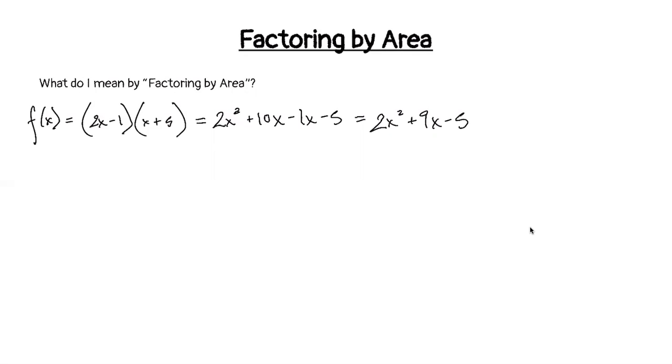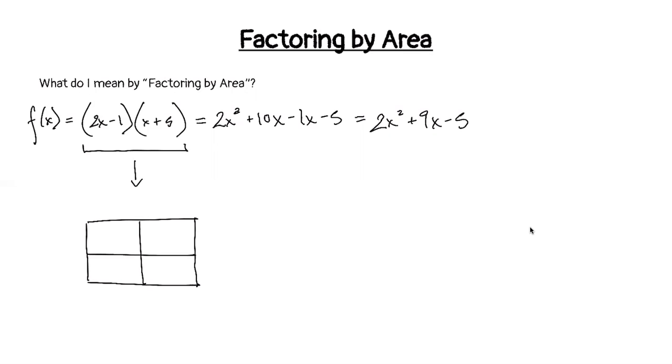Now, there's actually another way that we can think about factoring, and that is what I'm calling factoring by area. Sometimes when we're learning how to FOIL, we tend to make a lot of sign mistakes. One of the ways that I found around that is that we can use the idea of area of rectangles.